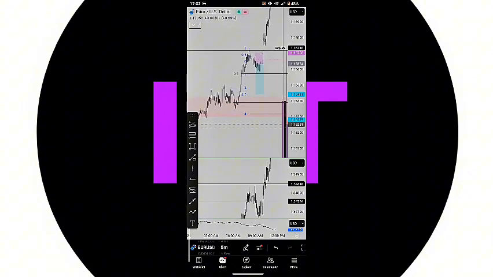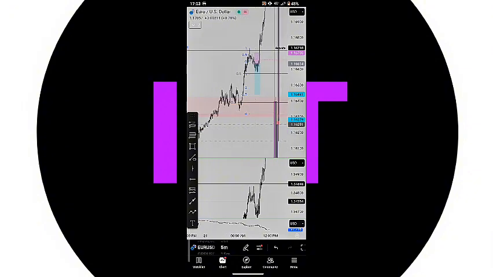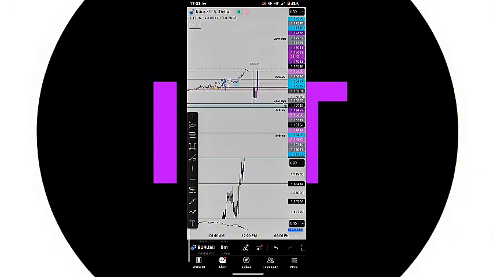So you can see that it was a short which was opened at the open of 9 a.m. and yeah, let me go through every candle as we go.